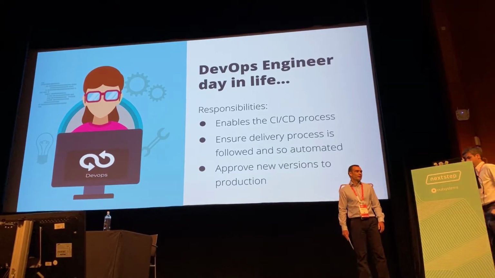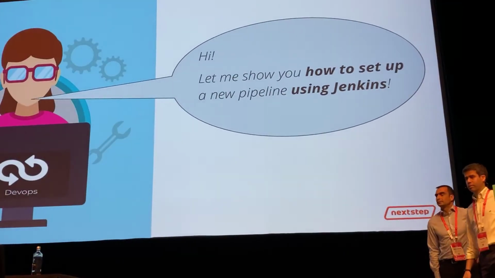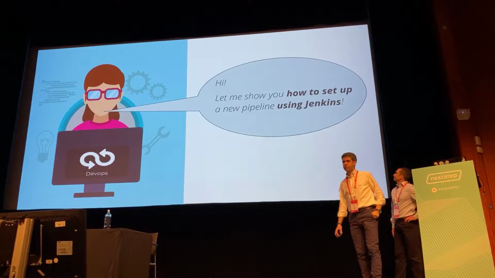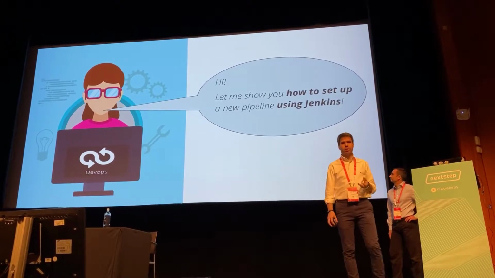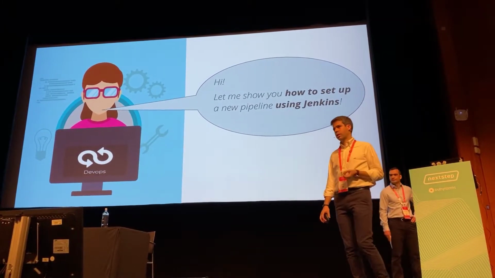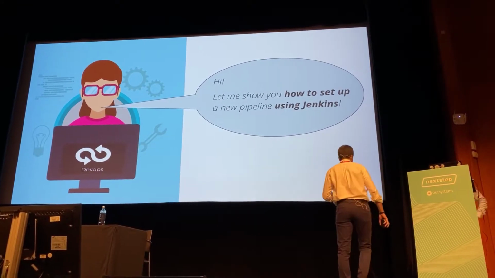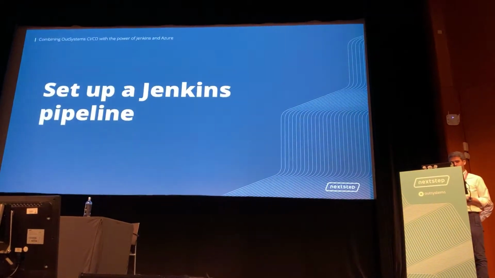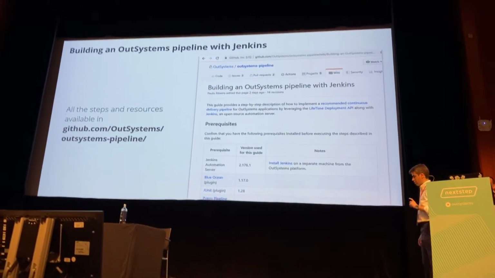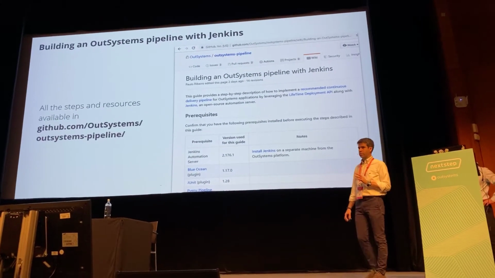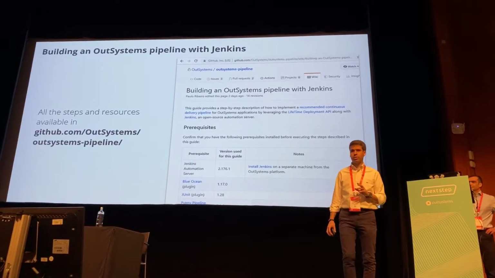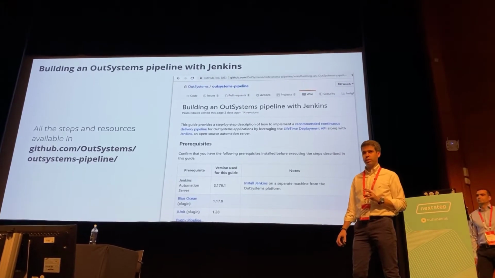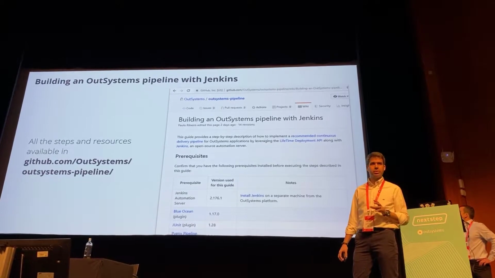Thank you, Paul. So now me with the long hair, I will explain to you how you can set up all this using Jenkins. Almost from scratch, I already did some prerequisites. Before that, I should say that all this recipe is available in our GitHub repository. So it's time for you to take pictures.